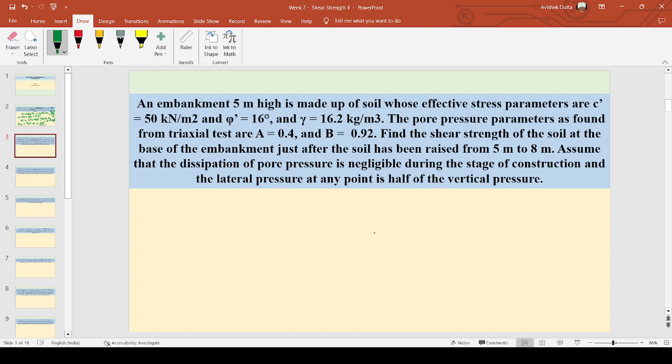An embankment 5 meter high. In this question, we have to find the shear strength at the base of the soil.